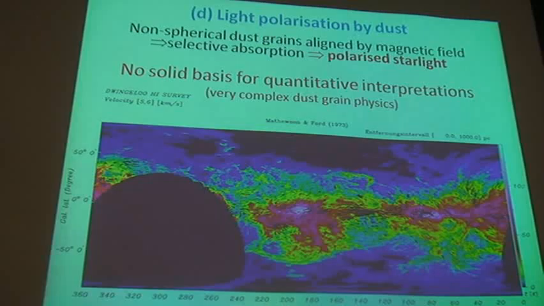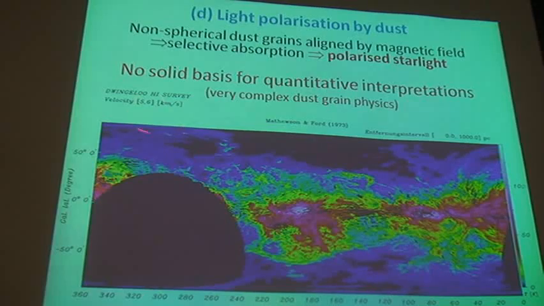There is no polarization. When we look across the magnetic field, all of them will be on average oriented similarly. There will be polarization. So there is no polarization when we look along the magnetic field and stronger polarization when we look across it. But beautiful data.